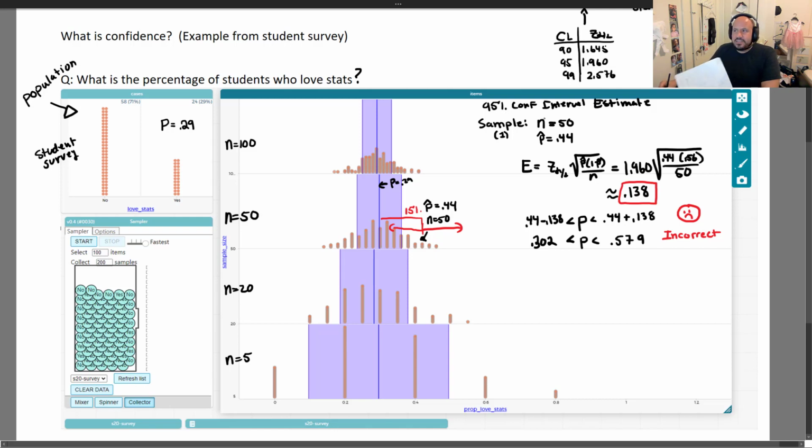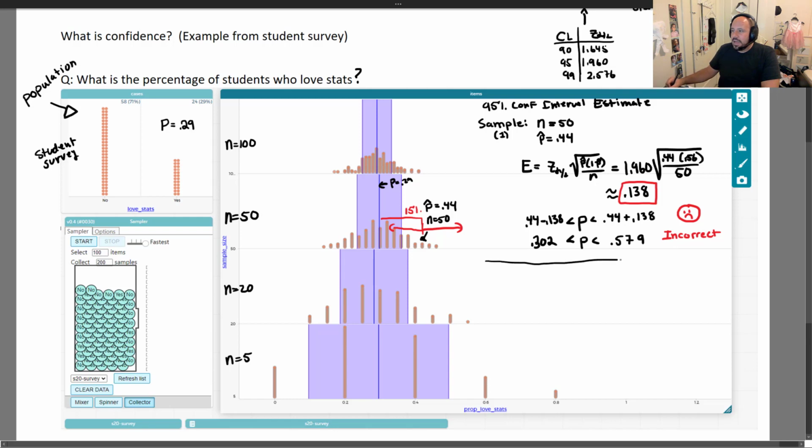But there still is a chance that if I happen to get one of these values, which, once again, there's not that many of them, okay? But if I get one of these values that's too far away, and like I said, I don't know if I got it or not. I don't know if the value that I got was really far away in practice. But this 0.44 is too far away, and ultimately it led me to make an incorrect estimate, okay?